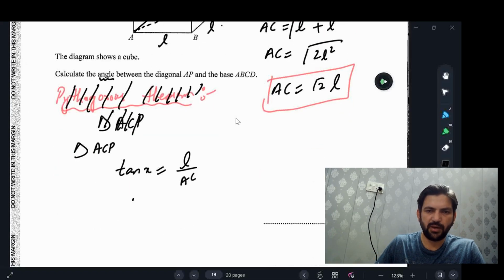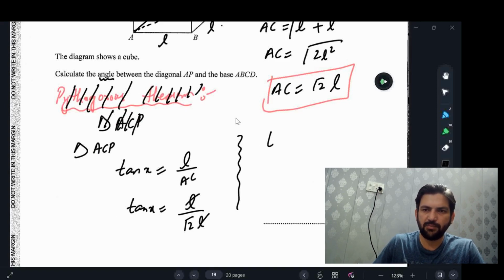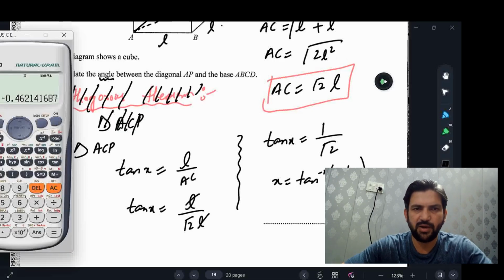So tan of X is equal to length divided by AC, square root of 2 L. We can cancel out these two. So tan of X is equal to 1 by square root of 2, which means X is equal to tan inverse of 1 by square root of 2. Now use the calculator and find the final value.